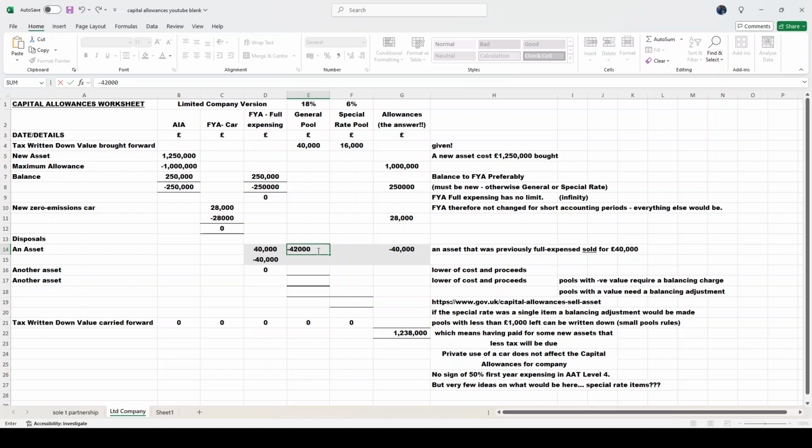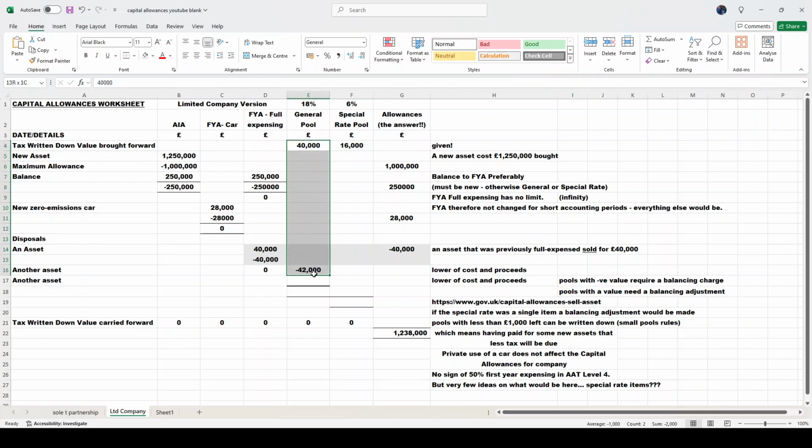These items may have cost a lot of money in the past and we're now disposing of them, but we've actually got £42,000 worth of proceeds. It's the lower of cost and proceeds for the other assets, whereas for the FYA we only needed to know the proceeds. So it's either cost us 42,000 or we got 42,000. Either way, it's the lower of the figures.